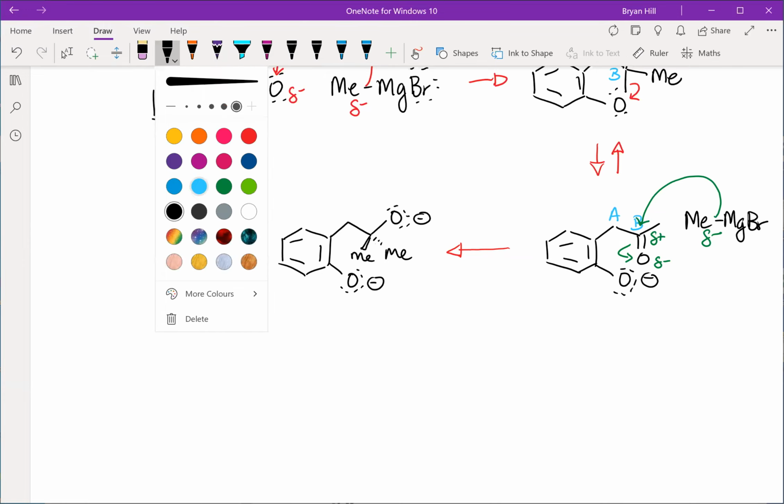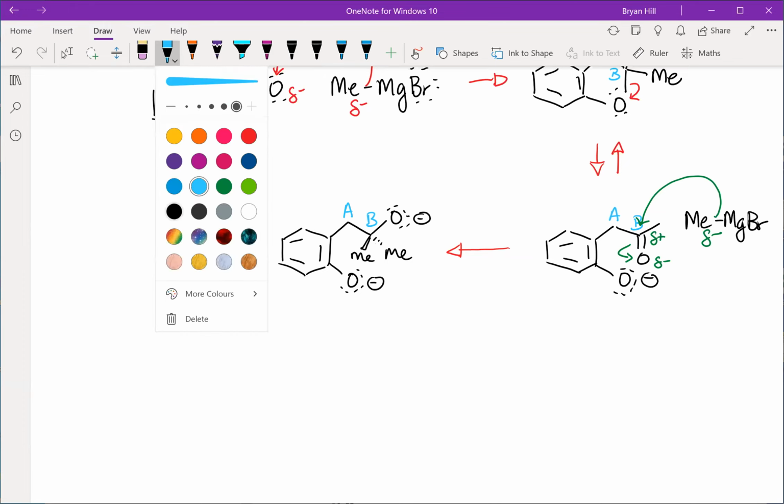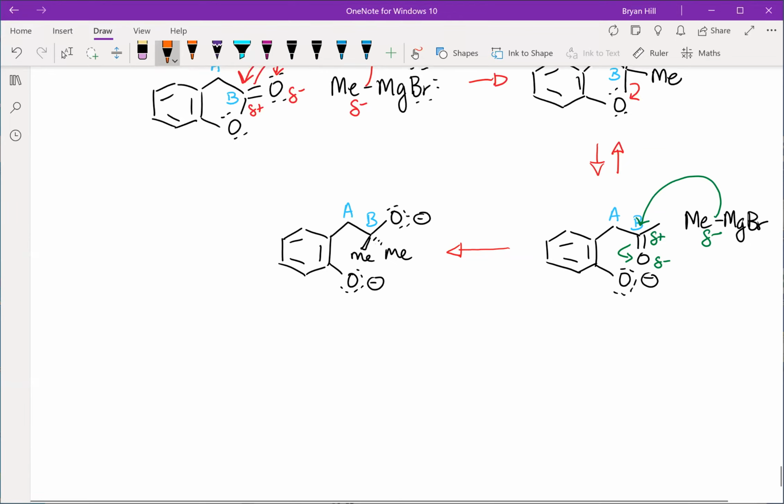So let's number this again, A and B. Our second methyl group has now been added, and it'll stay in this form until we add our acid to it. So this would be the second step. I'll draw this in orange.